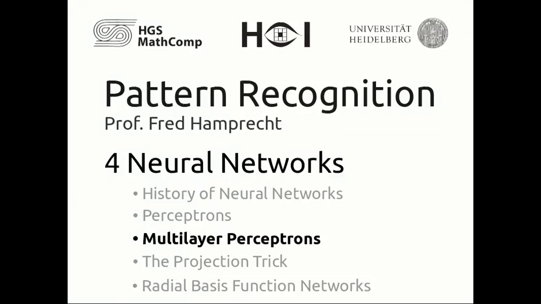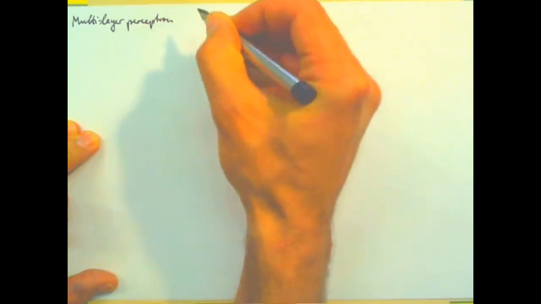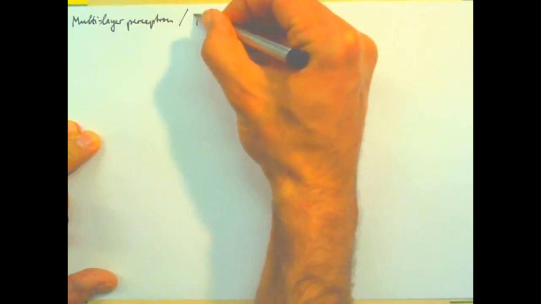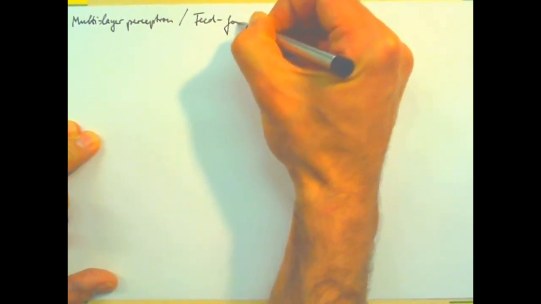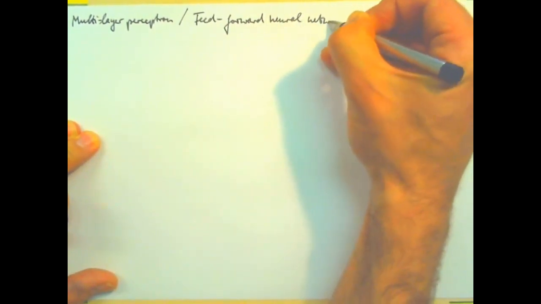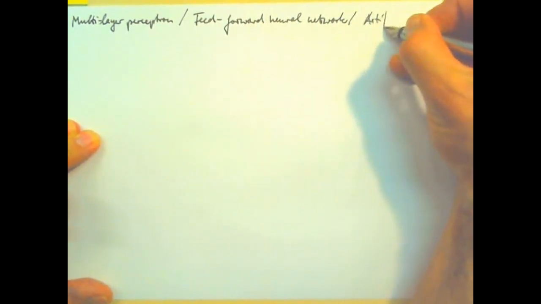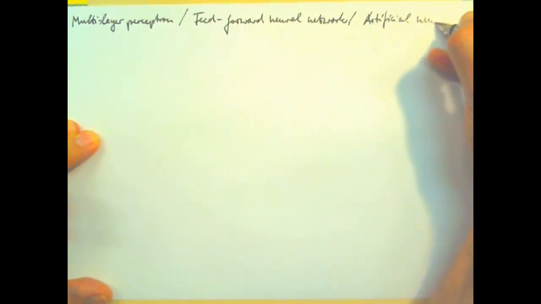Okay, finally we come to the neural networks themselves. They come under many names. So we're talking the multilayer perceptron, also known as feed-forward neural network, also known as an artificial neural network.